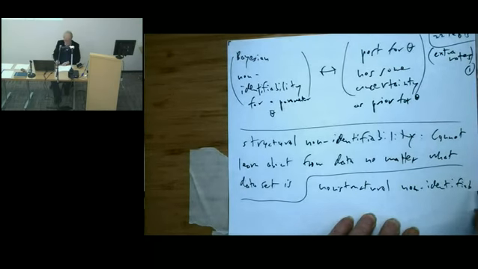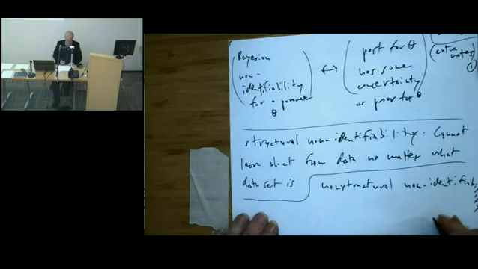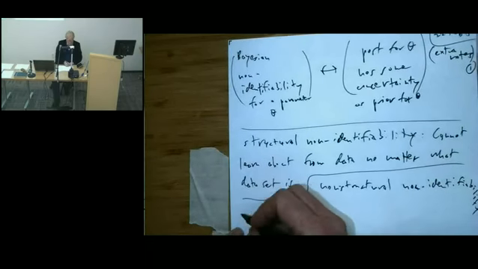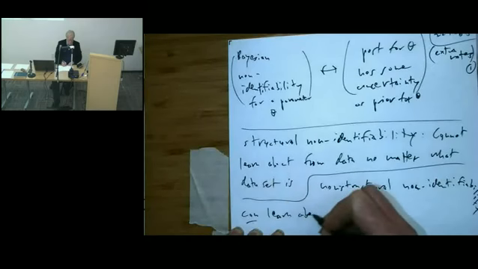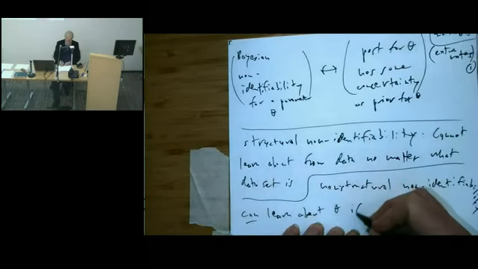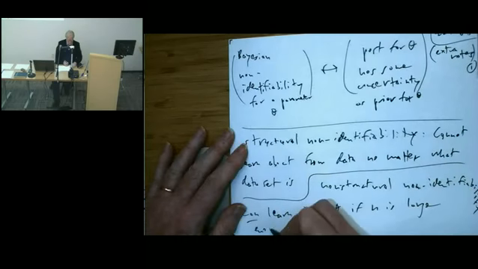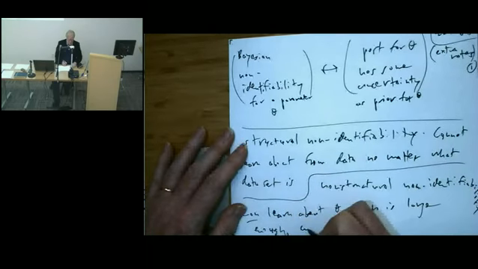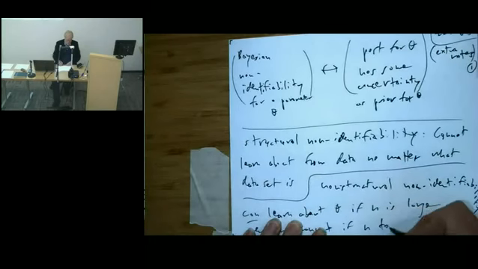Non-structural non-identifiability, what I'm going to mean by that is that you can learn about the parameter if n is large enough, but cannot if n is too small.